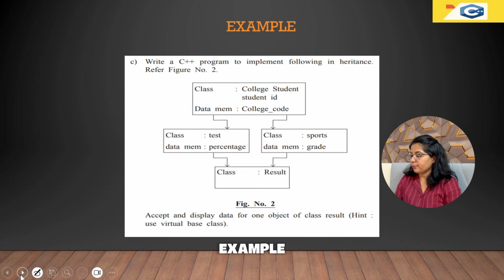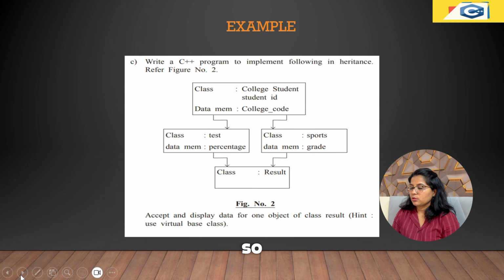Okay, moving on to the example. In this example we have 4 classes, same as in the image. You can see class student is connected to test, class test is connected to result, again class student is connected to sports, sports class is connected to result.